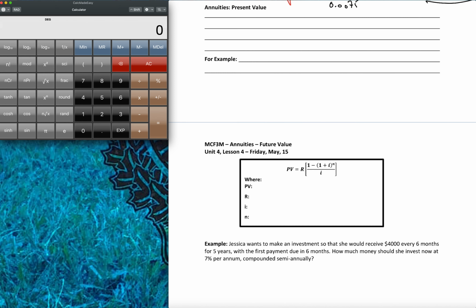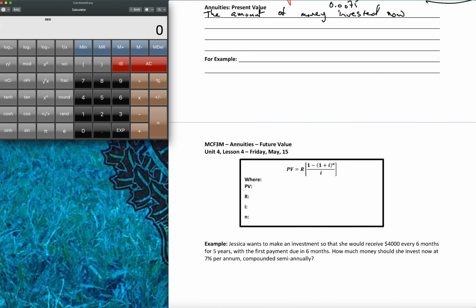The present value of an annuity is the amount of money invested now for an ordinary annuity.